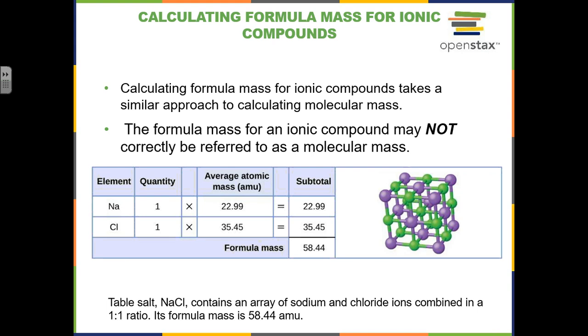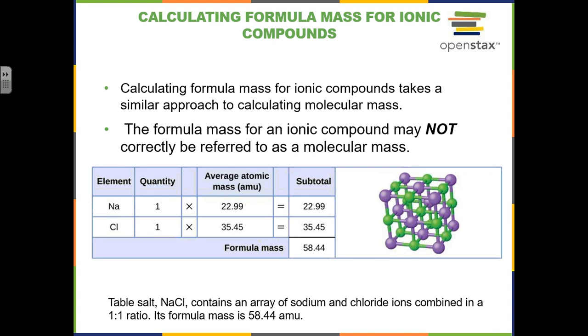The molecular mass refers to compounds when they are covalent in nature, and when we're talking about ionic compounds, we're talking about formula mass. Depending on the nature of the question, it might ask for the formula mass or the molecular mass, or it might ask for the molar weight or the molar mass. The value you're obtaining is going to be the same, and the only difference is going to be in the terminology.